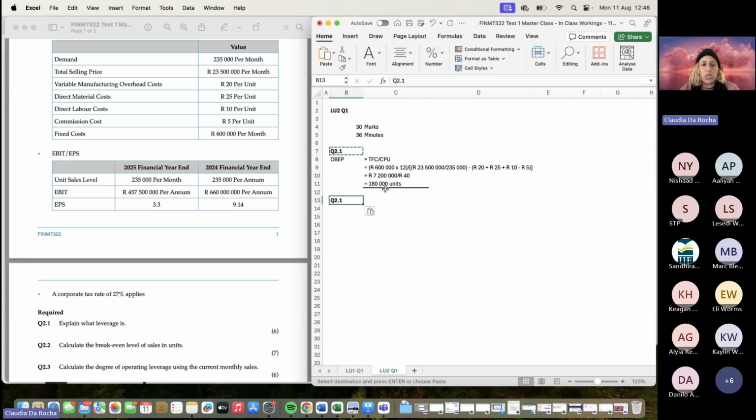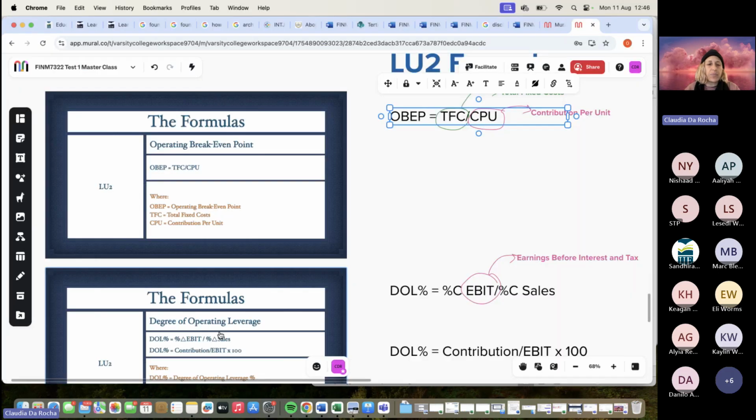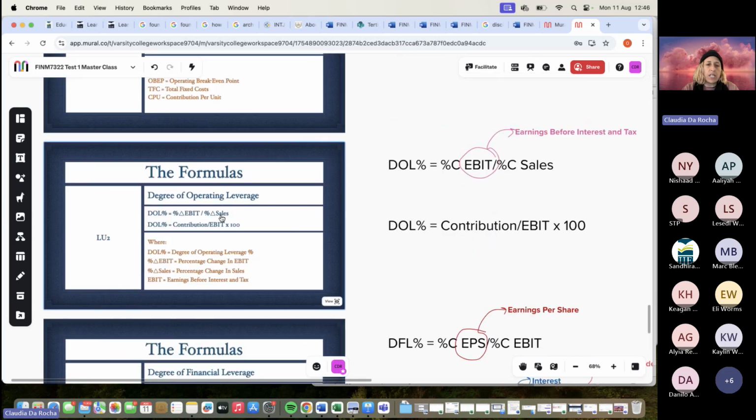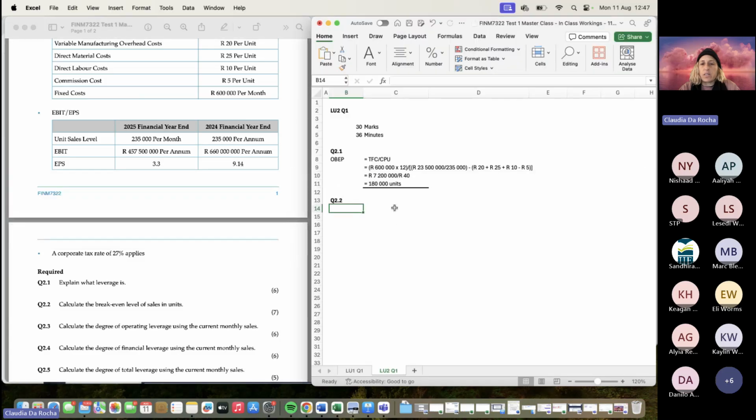When you go to the next one, we're going to calculate the degree of operating leverage using the current monthly sales. Again, you've got two formulas. We can either use the change in percentage EBIT over the change in percentage sales, or we can use contribution divided by EBIT times 100. You can use either, it doesn't matter.